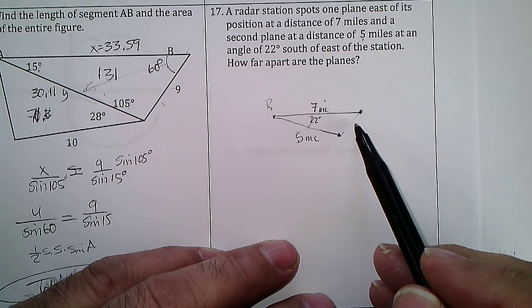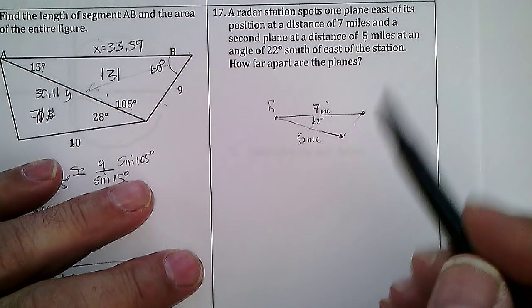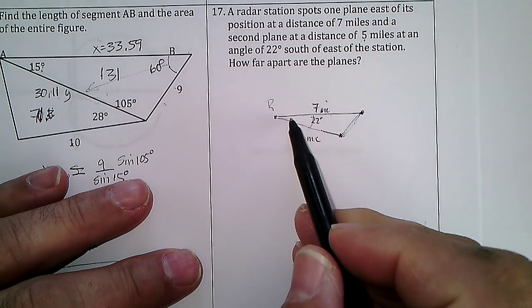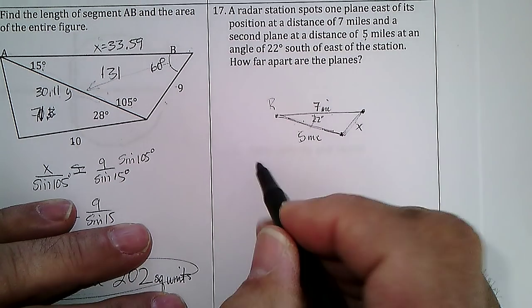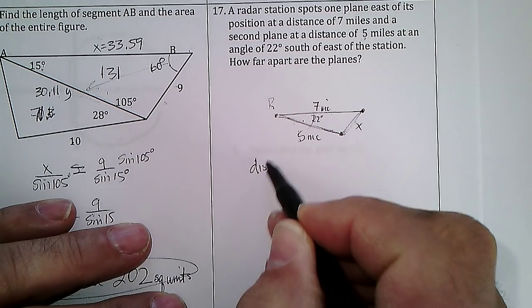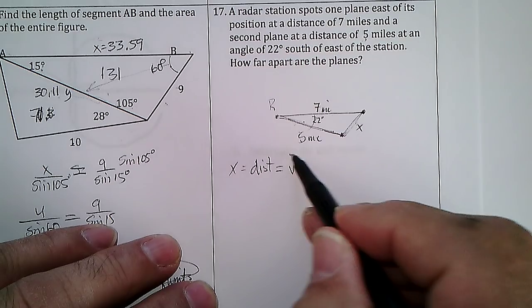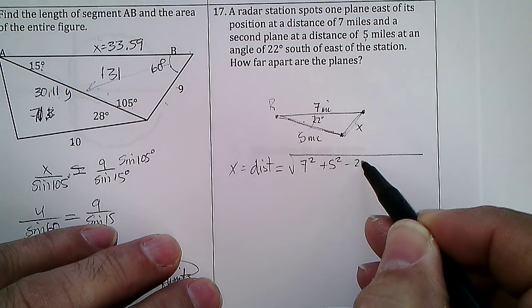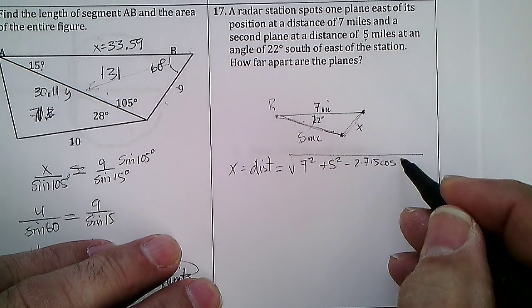So we could actually use the law of cosines to figure that out, or we can do it in vectors. So to find this, we could do law of cosines. This is the opposite side, so the distance between them is the square root of 7 squared plus 5 squared minus 2 times 7 times 5 times the cosine of the angle between them.